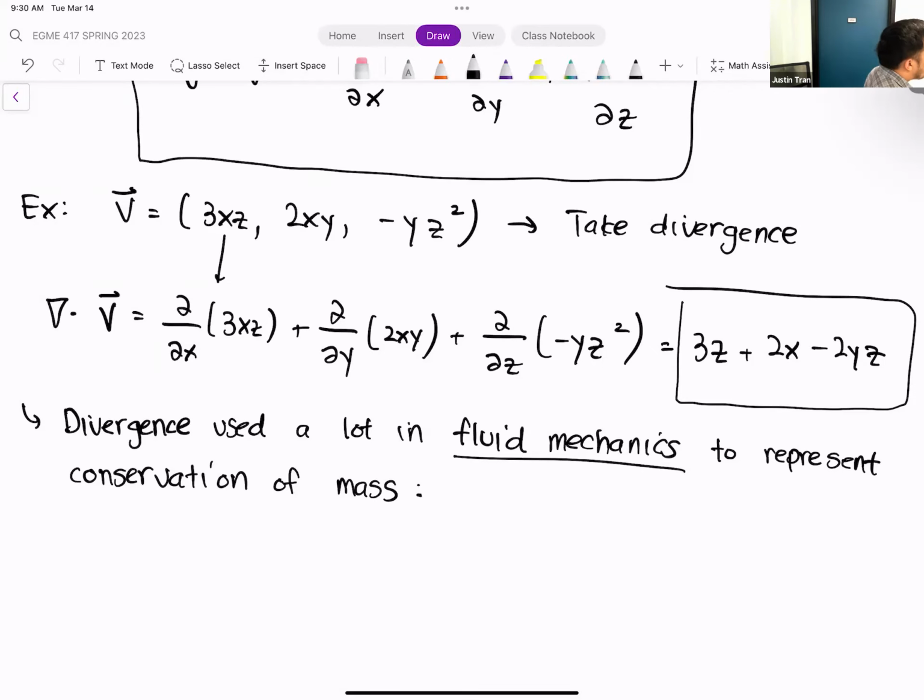Right, and so depending on the value of the divergence, it'll tell you whether mass is being conserved, whether you have a source, or whether you have a sink. Okay? Because basically what the divergence tells you is whether your vector field is growing in magnitude in a certain region.